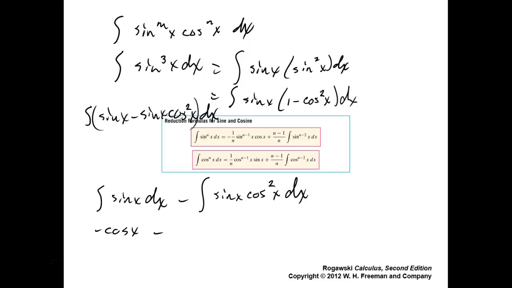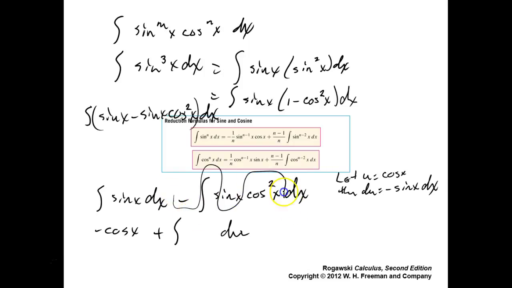Now, on this one, how would you solve that one? Substitution. Let u equal cosine x. Then du is equal to negative sine x dx. Well, there's your negative sine x dx, so we can make this a plus, and the minus sine x dx becomes du.